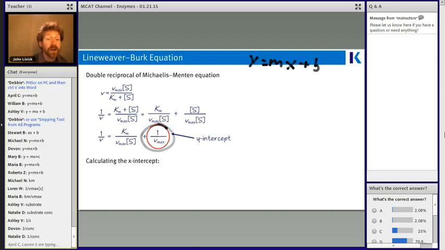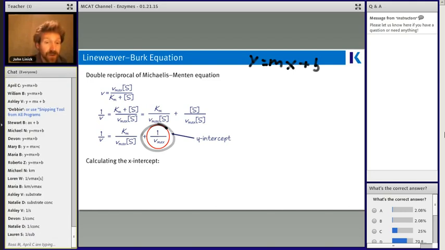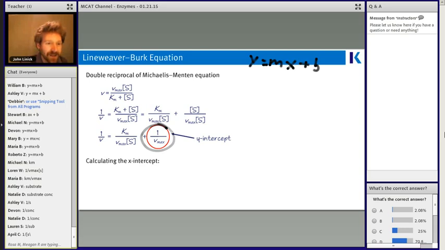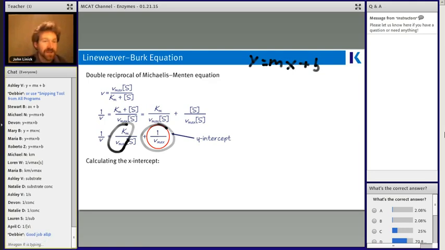It's 1 over concentration of substrate. Exactly true. So notice, of course, there we go. Someone said it first. Maria said it first. Nice work. Your slope then would be Km over Vmax. And we'll show you how you can actually derive the x-intercept and use this to our advantage. But you got it. So you've got to know y equals mx plus b. That's a super common thing that we do see on test day.